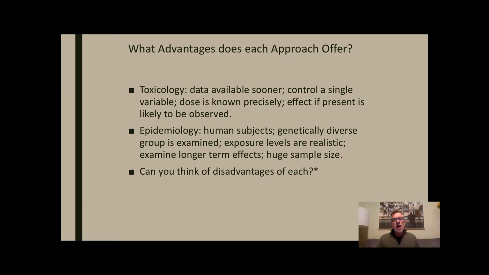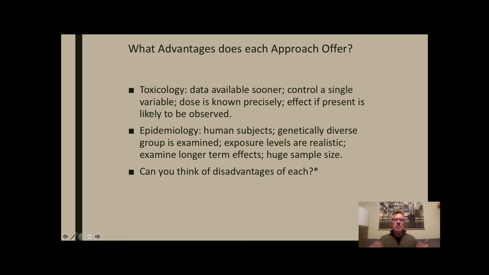Now, one of the things you'd be asked for on exams like the AP is, can you think of the disadvantages of each? And I wanted to say the disadvantages of each are taken by negating the advantages of the other. So, for example, the disadvantage of epidemiology is that it takes a while to get the data, the opposite of a toxicology study. There is not easy control of a single variable.